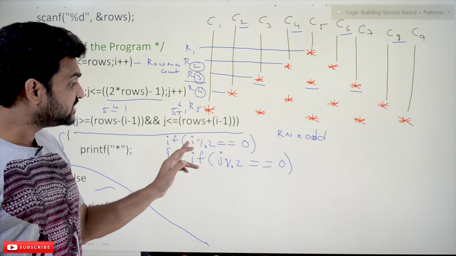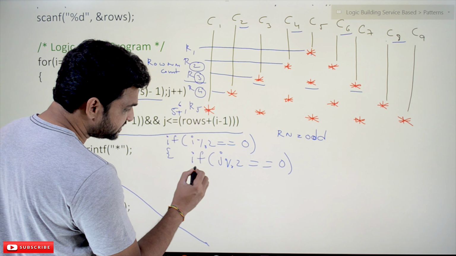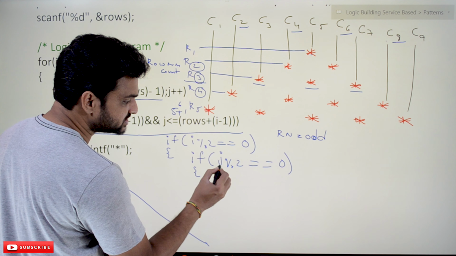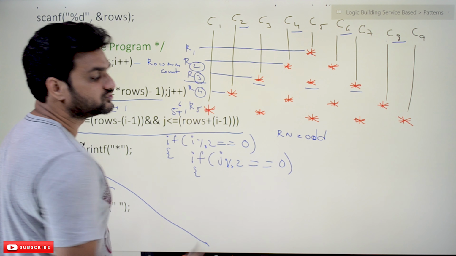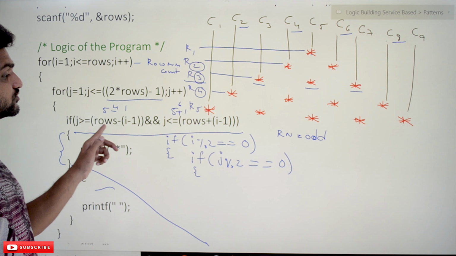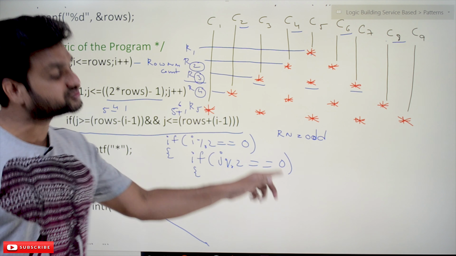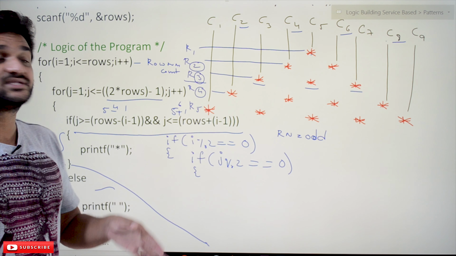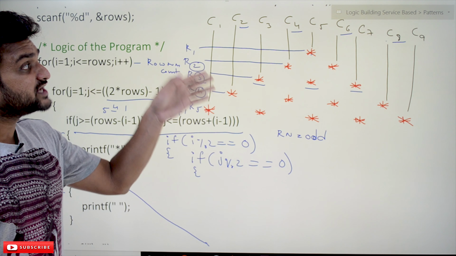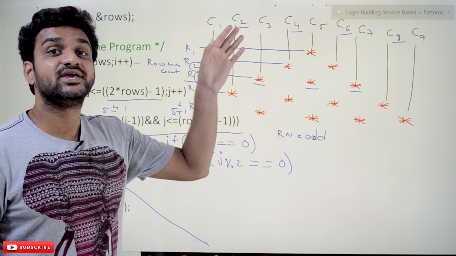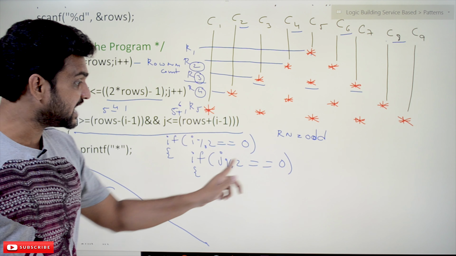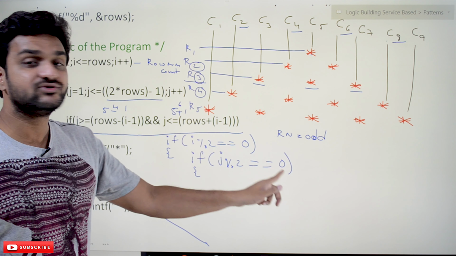Then the condition that needs to be true is j mod 2 is equal to 0. If the j value mod 2 is also equal to 0, it means that we are in a column where the column number is an even number. So this happens to be true if the j value is true.